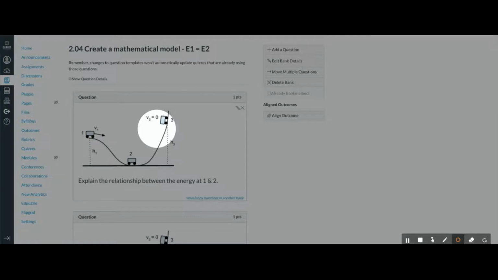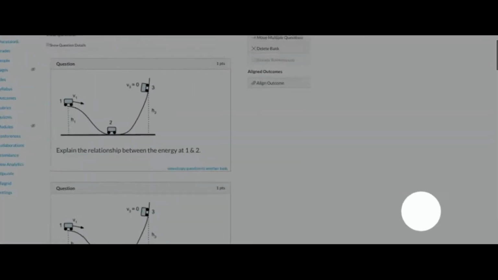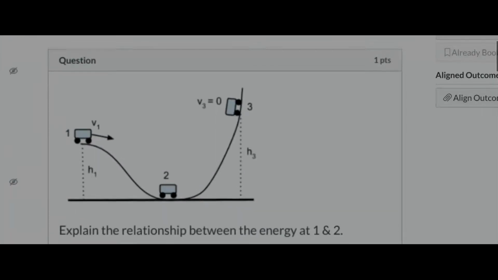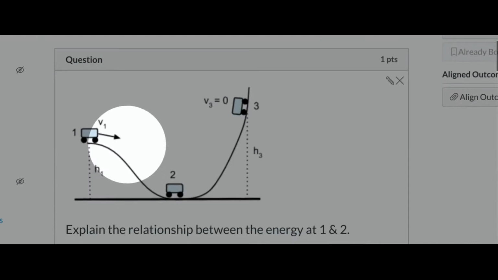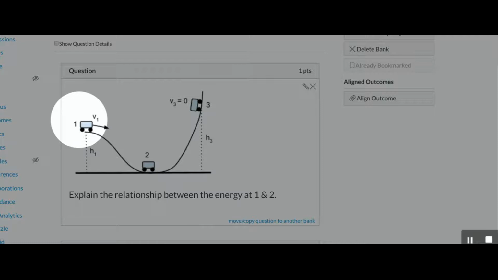So at this point, you should know how to describe the energy, like where is E1, where is E2 in this picture. If I show you this picture, you can tell me where you might see E1, E2, E3, and you can even tell me what kind of energy.